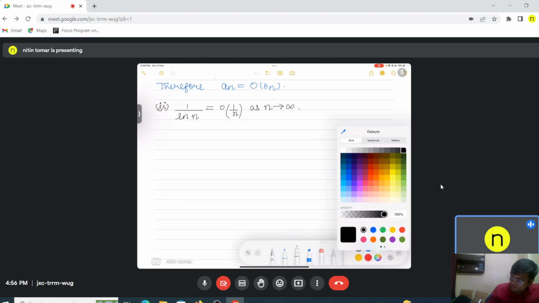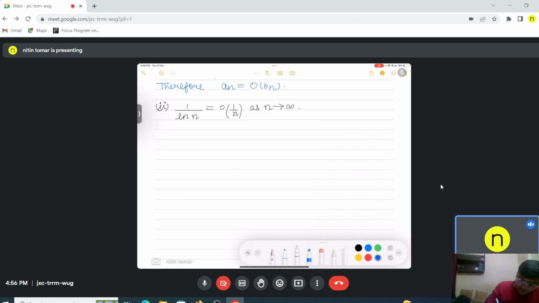You can use the definition, but here I'll use the limiting argument once again. Limiting argument is easy to check, but it does not mean that you should not go with the definition. You should know both ways, okay?